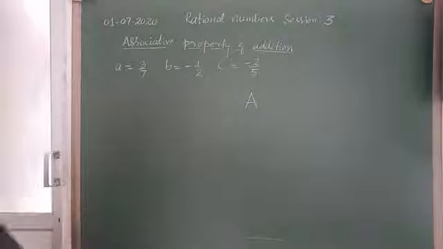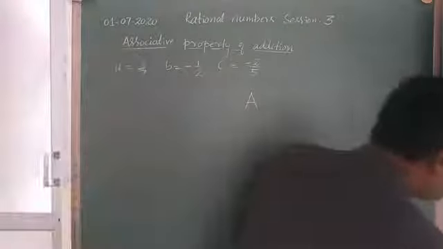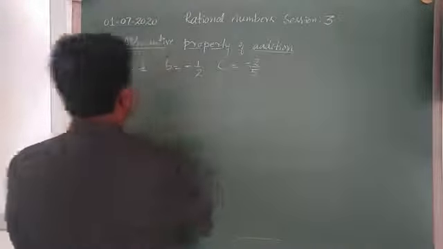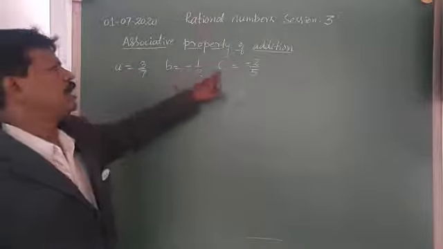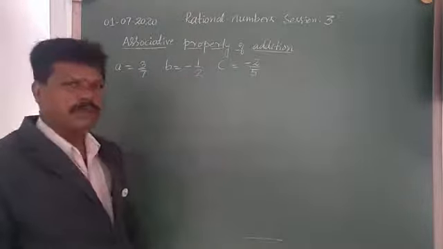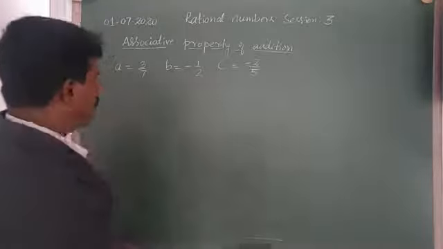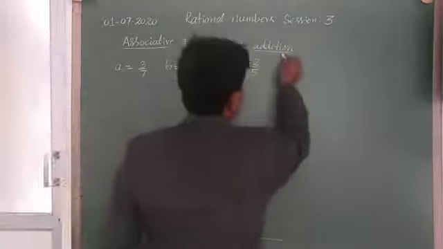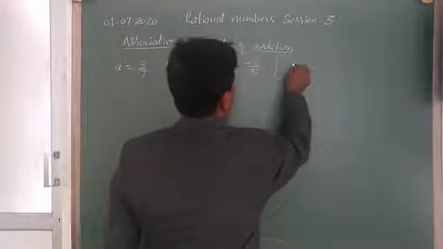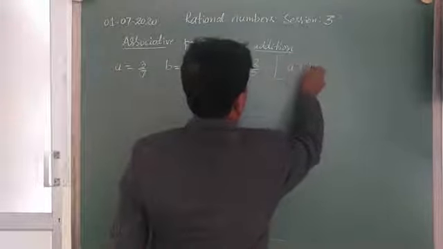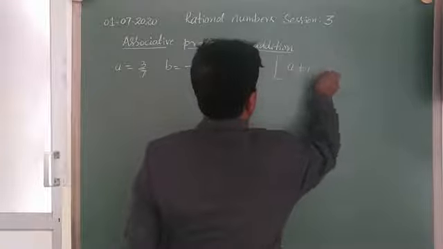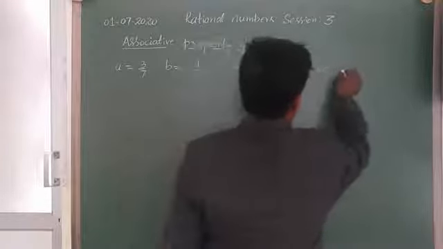Here, A is 3 by 7, B is minus 1 by 2 and C is equal to minus 2 by 5. Clear? Now, you know the general form of the associative property of addition is (A plus B) plus C, grouping in different orders.